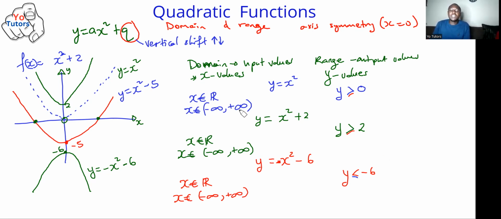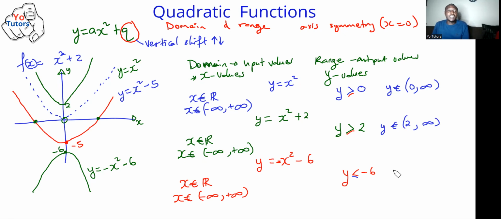For example, here in terms of infinity, we are saying it's actually y is an element of from 0 to infinity. Then here also y is an element of from 2 to positive infinity.